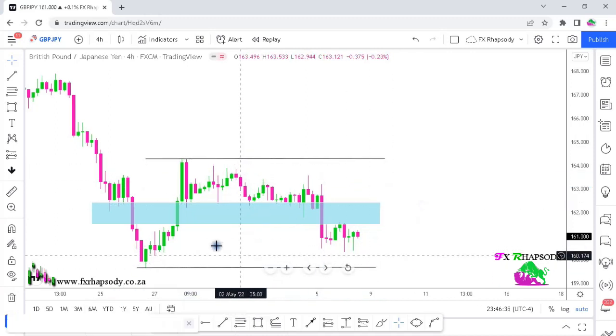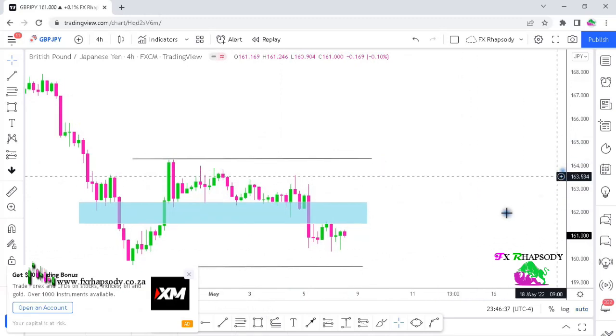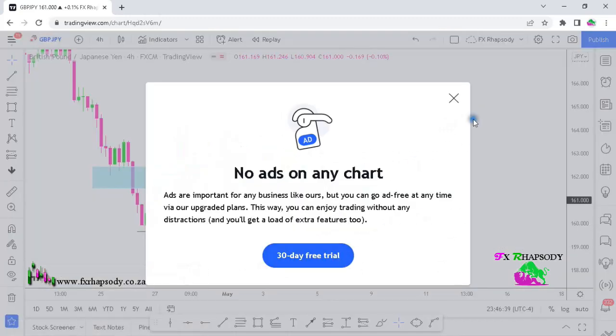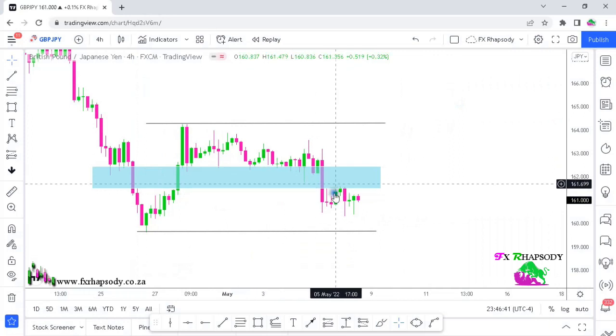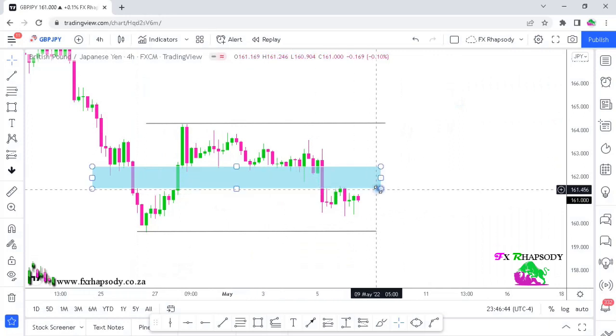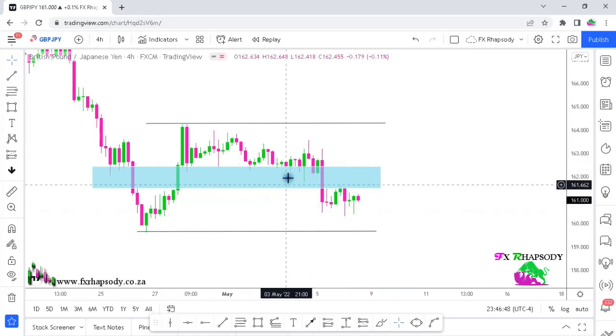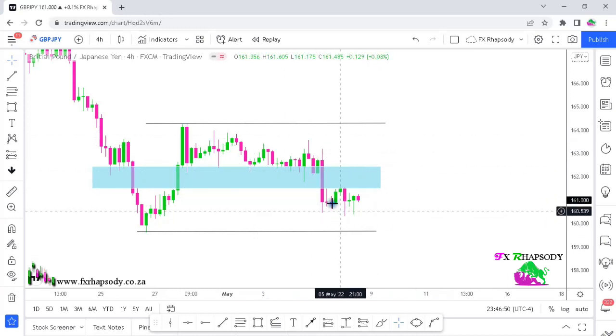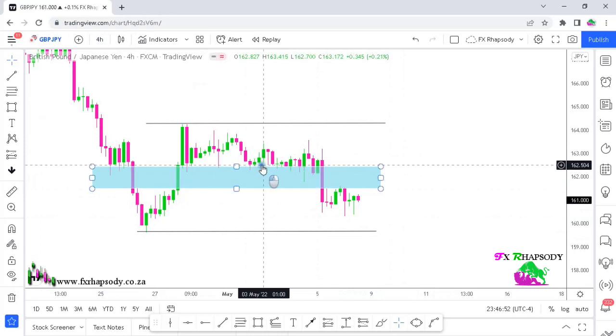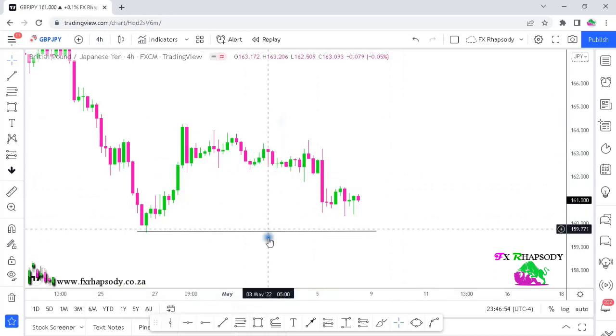So these are the 2 areas that I would like to see price breaking through. Okay, we have that big area of support and resistance. Basically, it's a big supply and demand zone in the middle. So I would like to see what price does over here. Currently, if we go to the 1 hour time frame, I would like to show you something there.